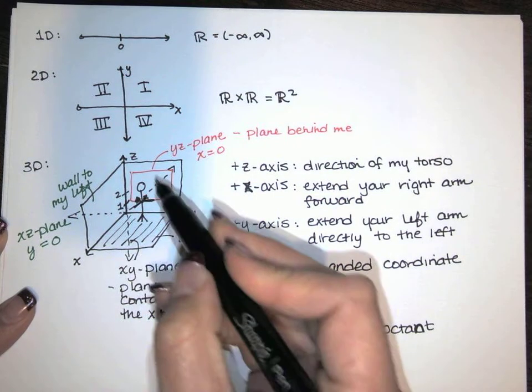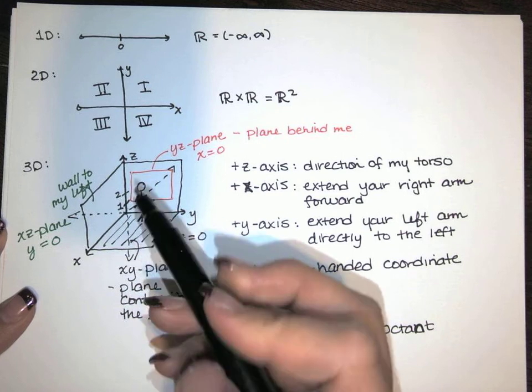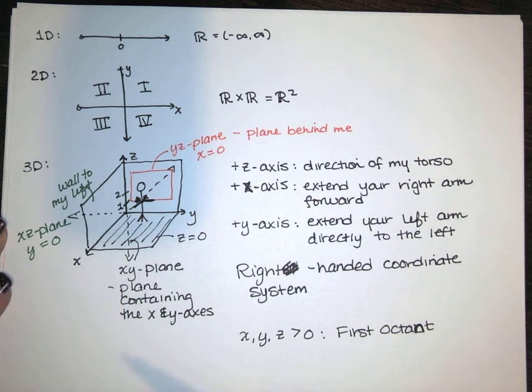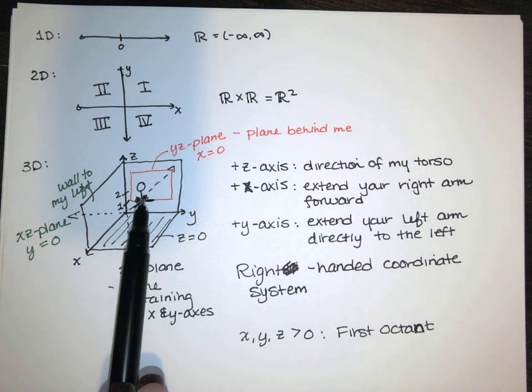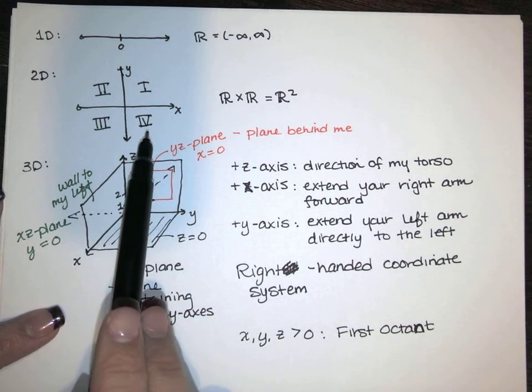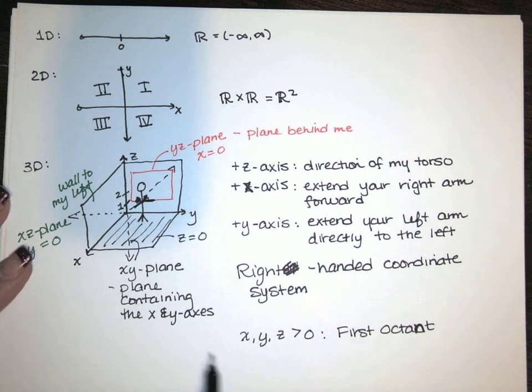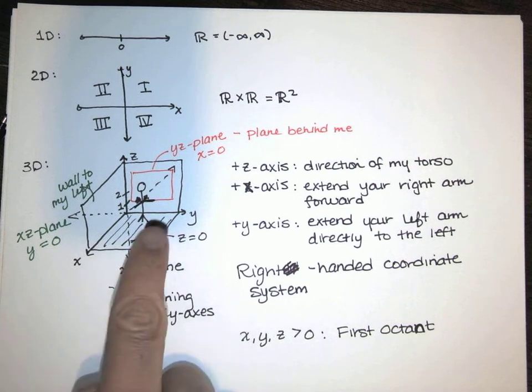Now I've got 4 octants up here where z is positive, and then I've got 4 more octants downstairs where z is negative. Different textbooks are different. Some of them I've seen label these 1, 2, 3, 4, and then start 5, 6, 7, 8 where z is negative below you. Some of them say the only one that's really labeled is the first octant. We're going to stick to that convention because the textbooks sometimes disagree, and that means I'm not really sure what the formal definition is. So I'm standing here in the first octant.